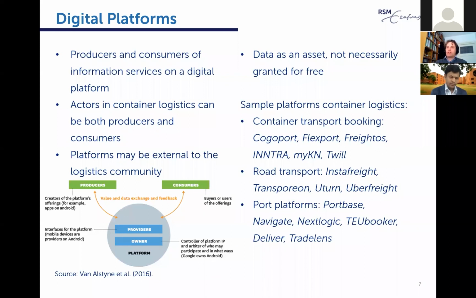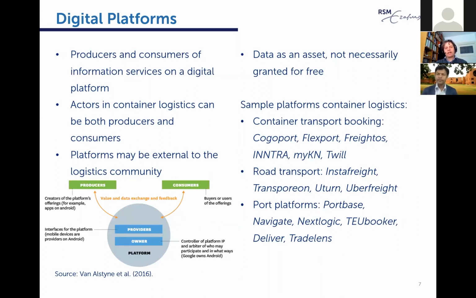Also in the business-to-business environment, these platforms have emerged. But, and I think that is important, in contrast with the business-to-consumer world, the considerations I was just discussing in quite some detail are relevant here, right?